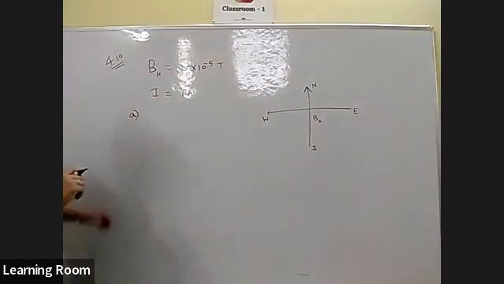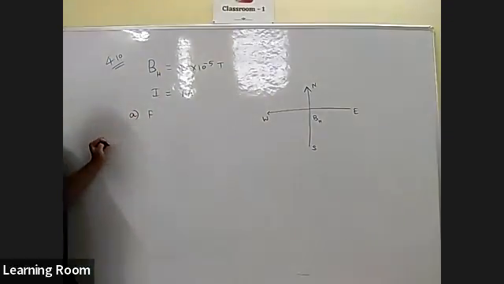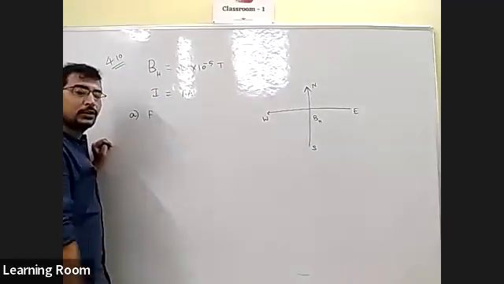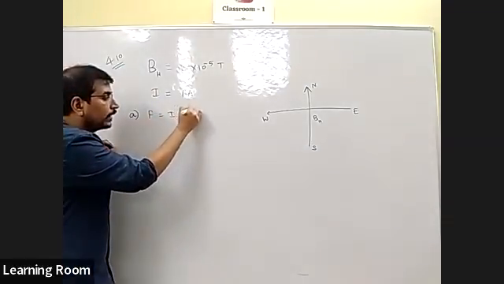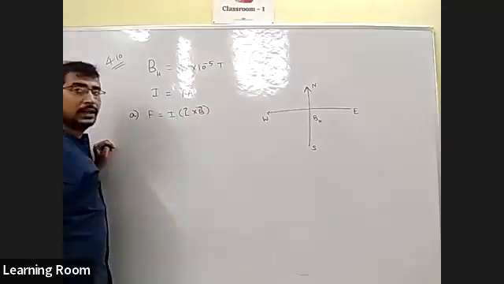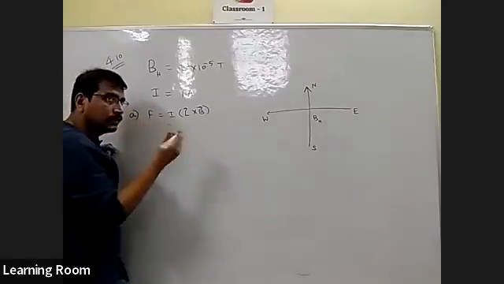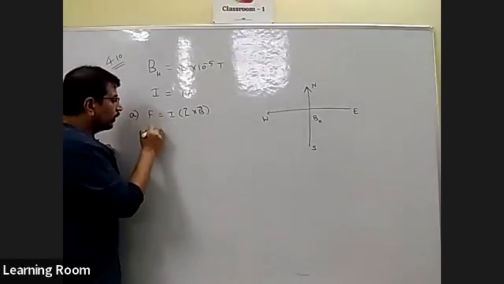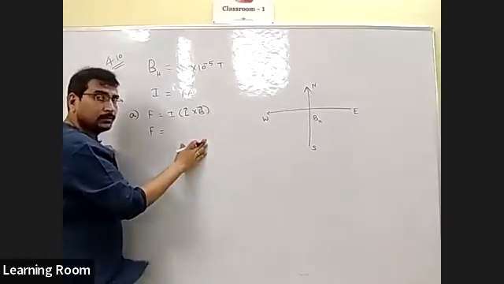force per unit length. If you observe this scenario, you cannot calculate force directly, because you don't know the length of the conductor. So F is equal to I L vector cross B vector, or ILB sin theta. Here theta is 90 degrees.